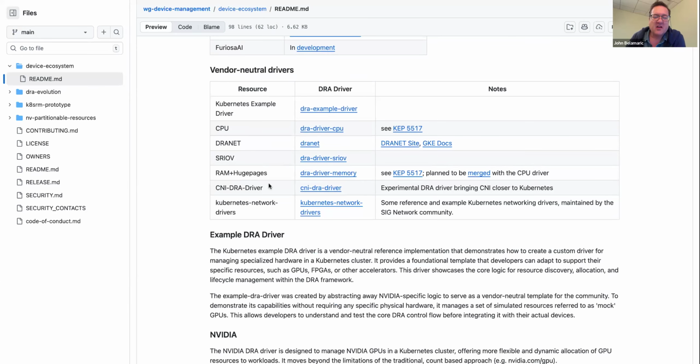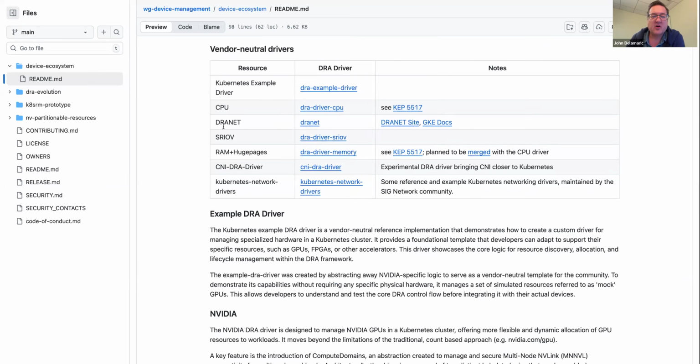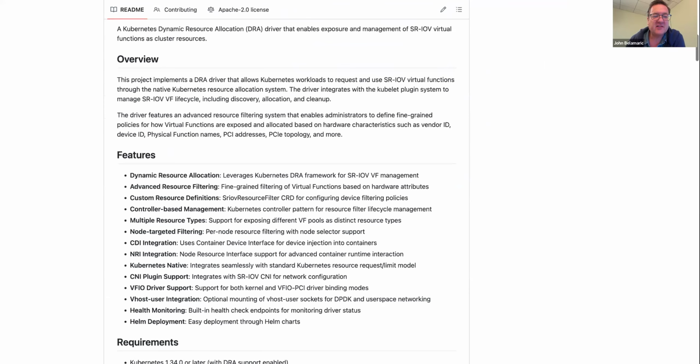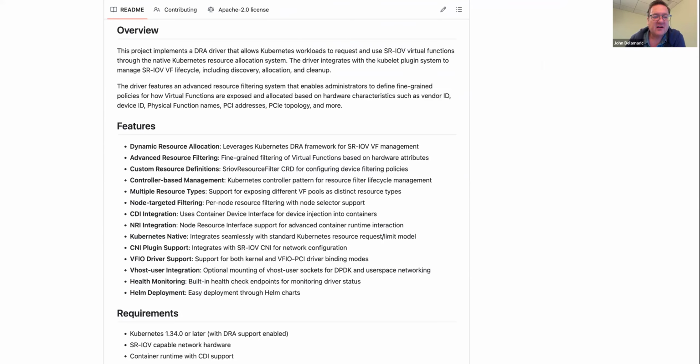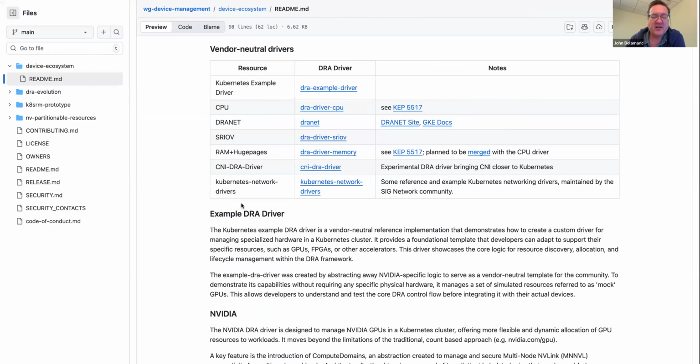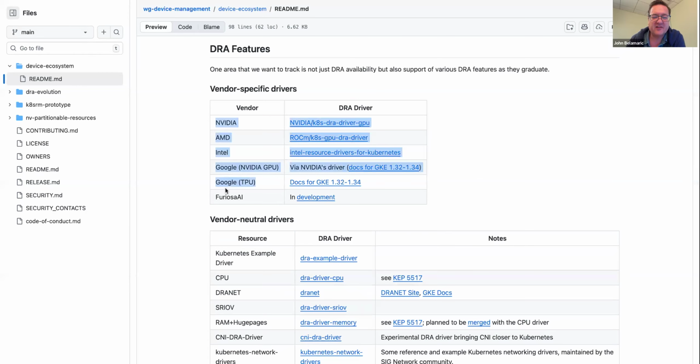So there's SRIOV, I don't know if that's SRIOV for any PCIe, for any virtual functions. We probably want to keep that separate. CNI and network. So there's DRA net. These are the things that depend on Linux kernel features as opposed to vendor specific stuff.